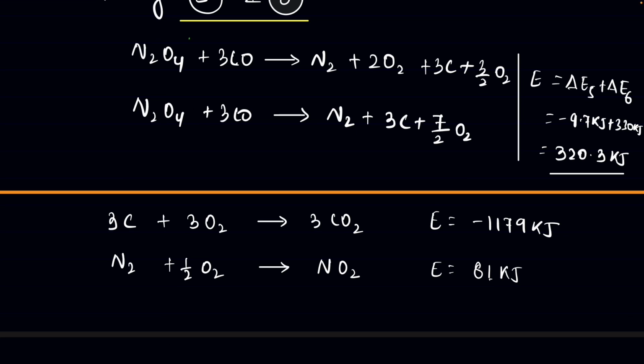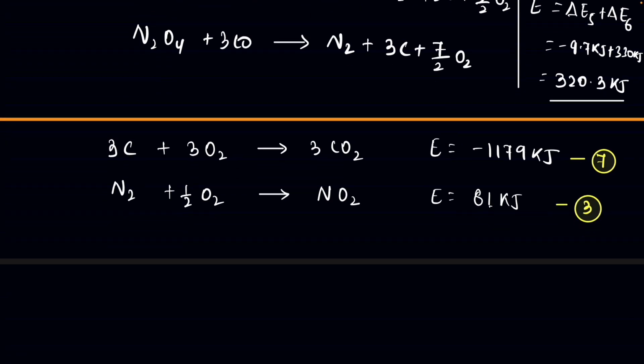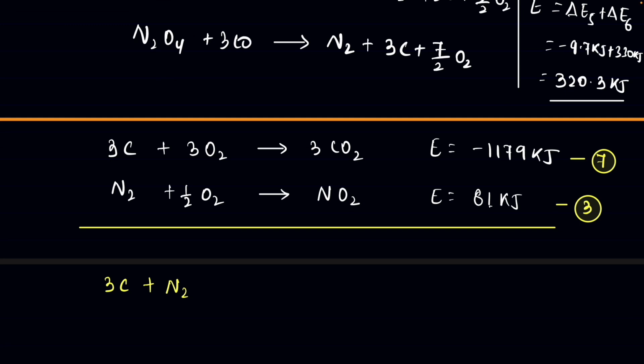So here I noted down both the reactions. We can consider this as reaction 7 and this is reaction 3. So by adding 3 and 7, we can write 3C plus N2 plus 3O2 plus half O2 forms 3CO2 plus N2O.